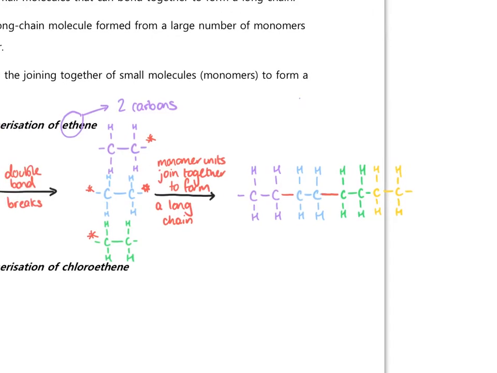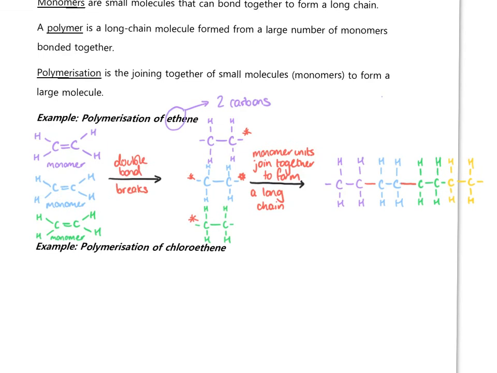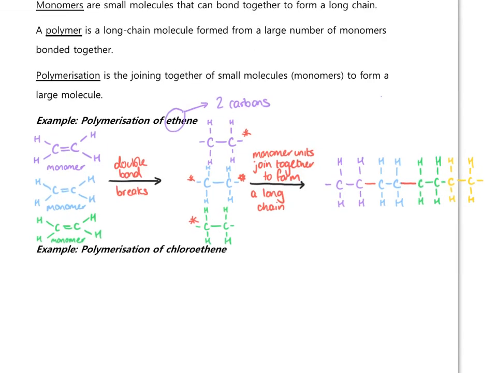So looking at the whole process overall, we started on the left-hand side with our ethene monomers. And what we formed at the end is this long chain called polyethene. So literally many ethenes.